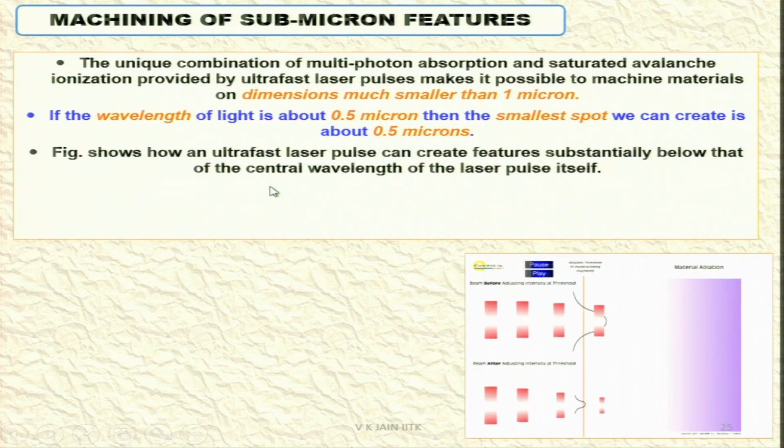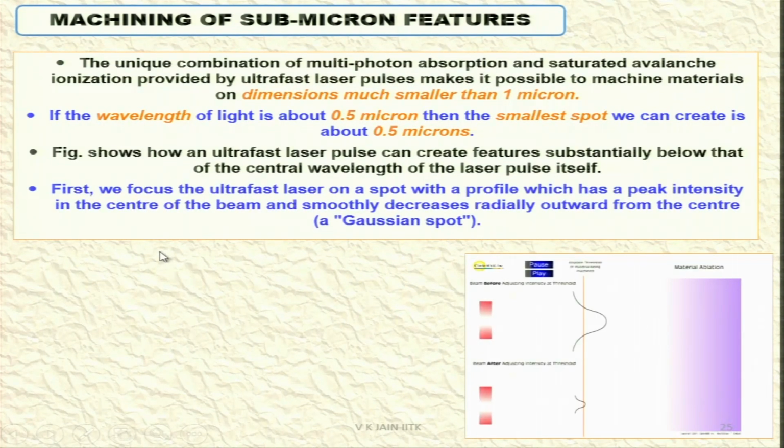This figure shows how an ultra fast laser pulse can create features substantially below that of the central wavelength of the laser pulse itself. First, we focus the ultra fast laser on a spot with a profile which has a peak intensity in the center of the beam. You can see here, this is the center of the beam, and peak intensity is in the center of the peak over here and here.